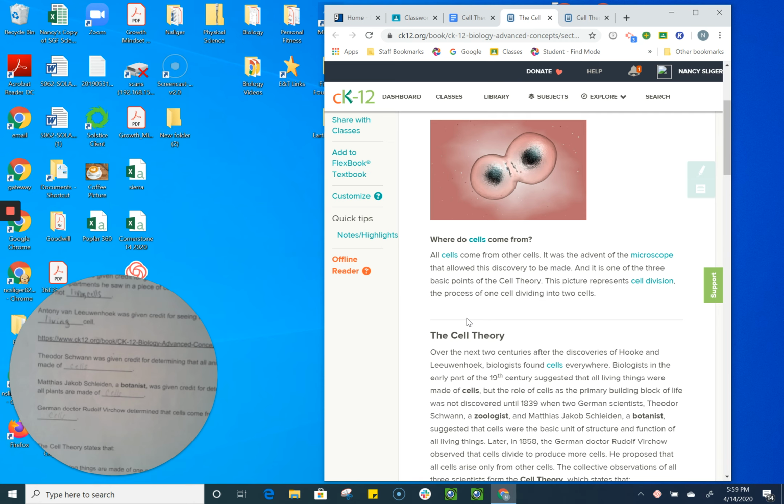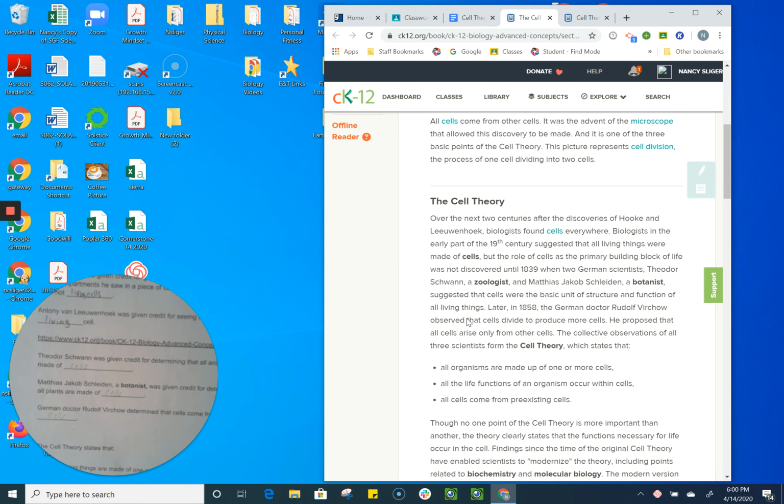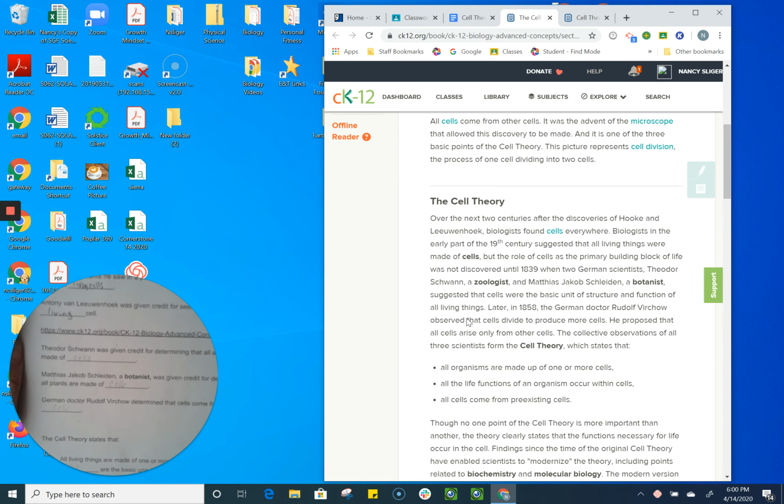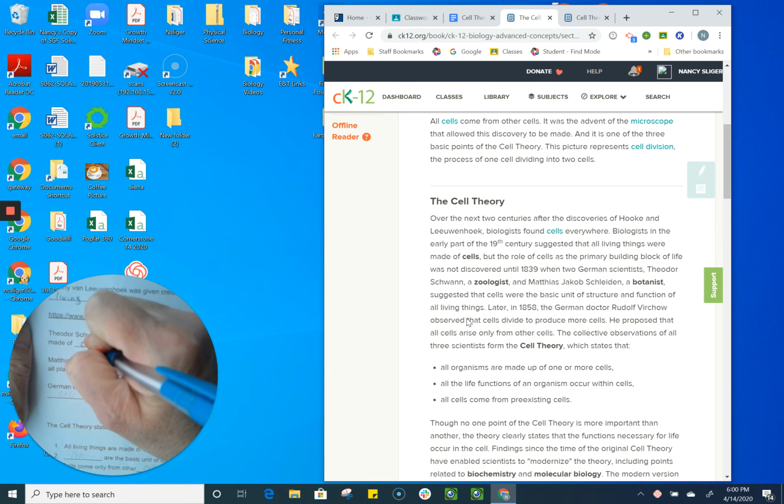With scientists progressively building on information, in 1839, Theodor Schwann, a zoologist, and Matthias Schleiden, a botanist, came up with two more parts of the cell theory. Schwann determined that all animals are made of cells.